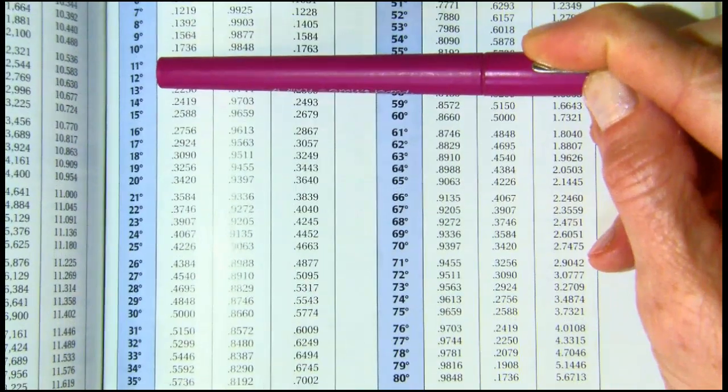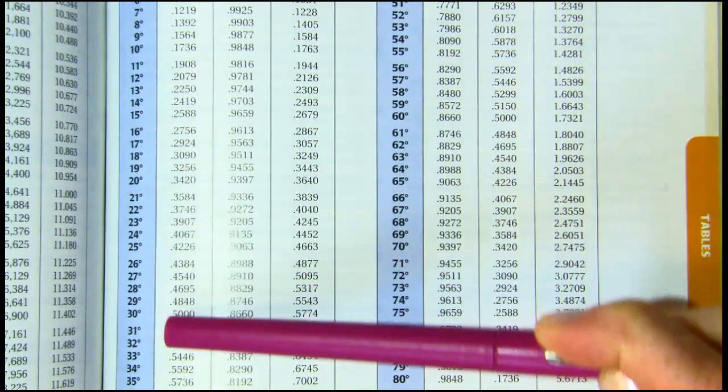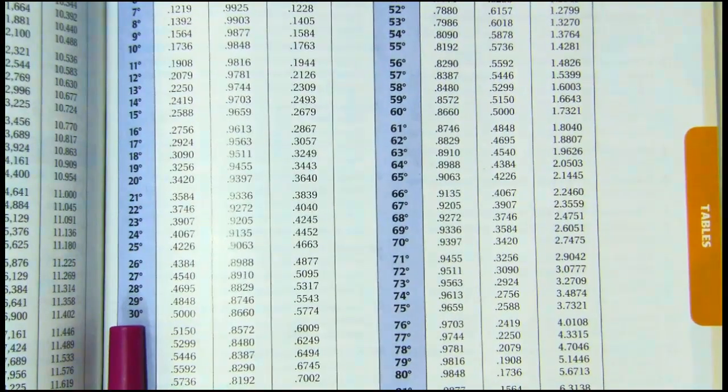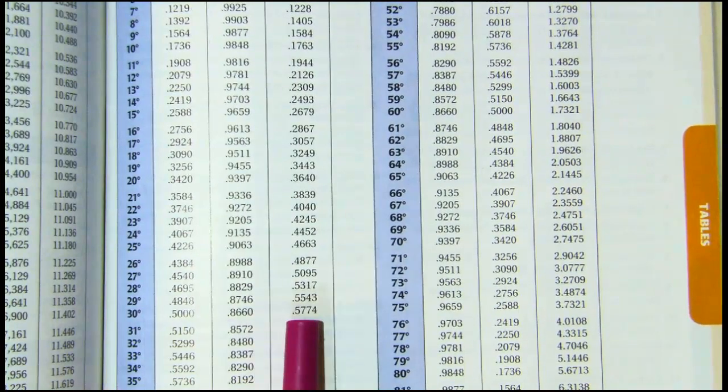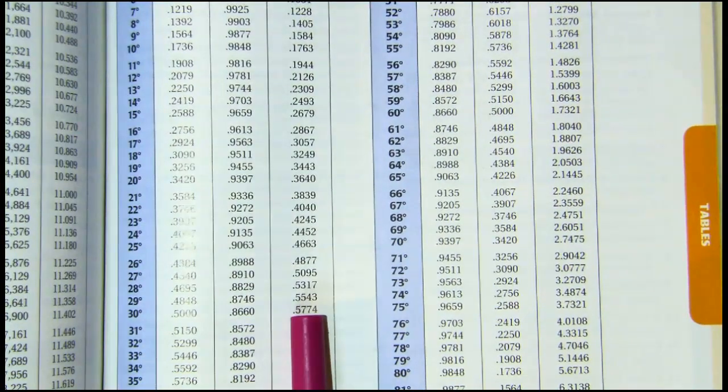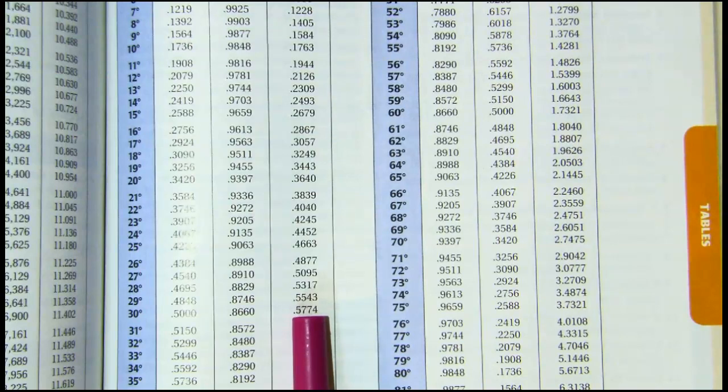When I move down and find 30 degrees, which is right here, and I look over to that last column, I see 0.5774. So I was close, I was 0.53, but it's actually 0.5774, and they've rounded to that place with the 4.